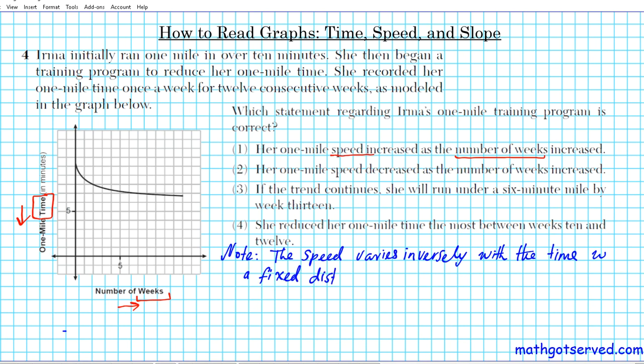So what does that mean? It means that if you're traveling faster, it will take you less time. If you're traveling slower, it will take you more time. So that's what inverse relationship means.